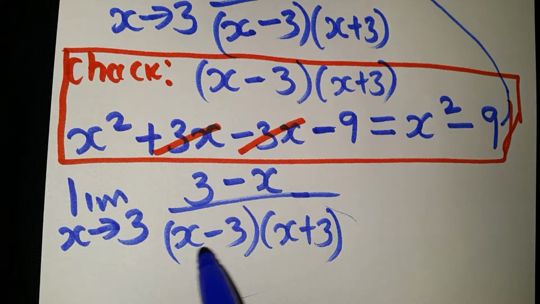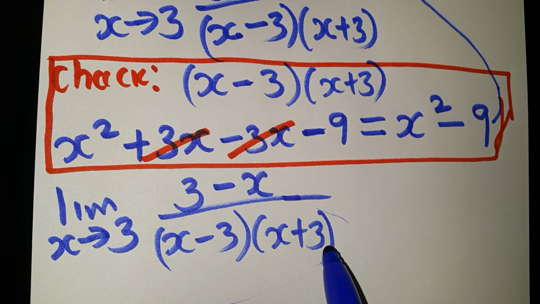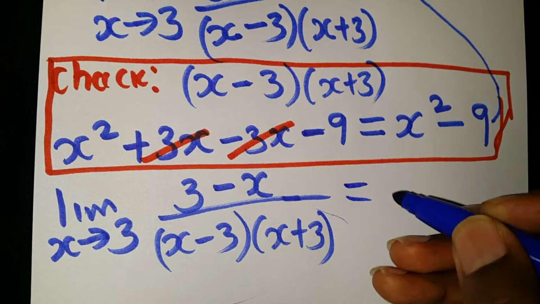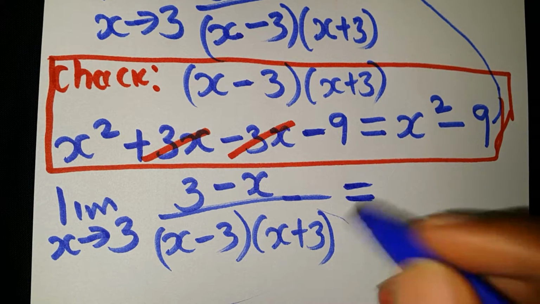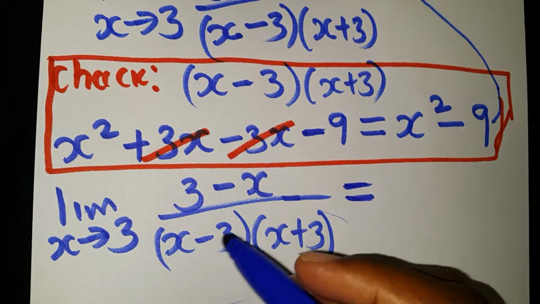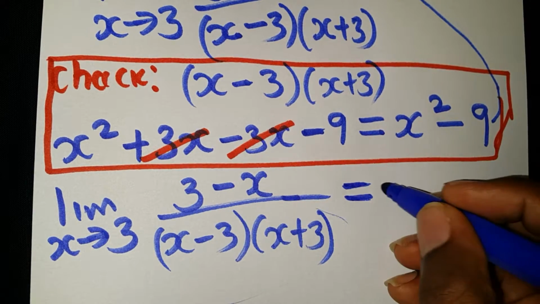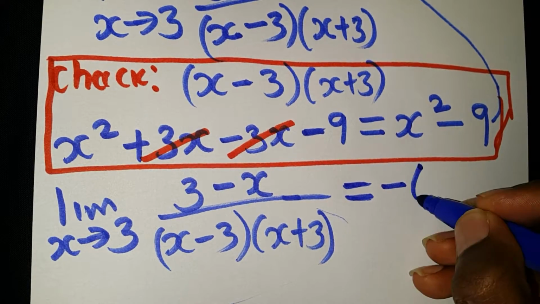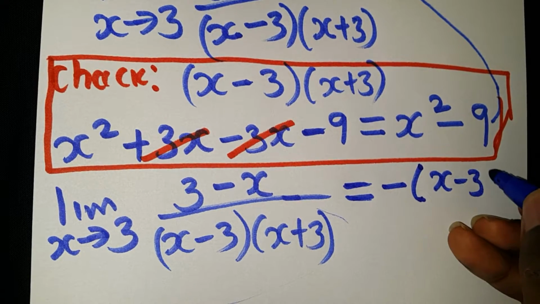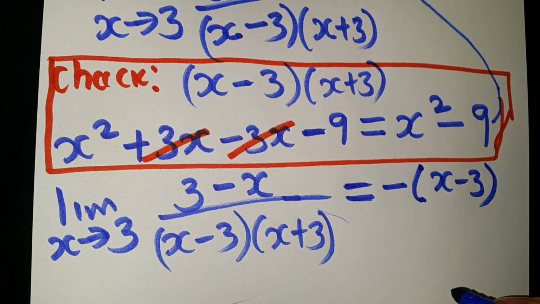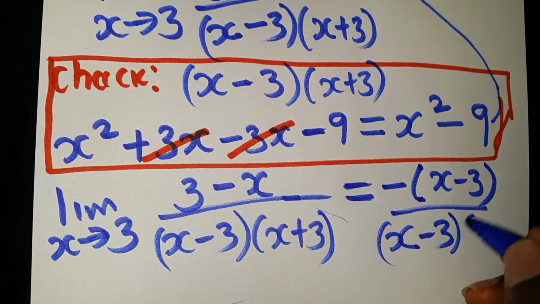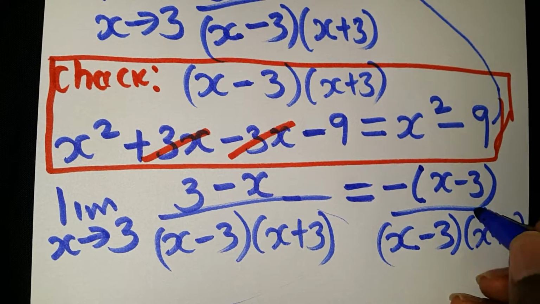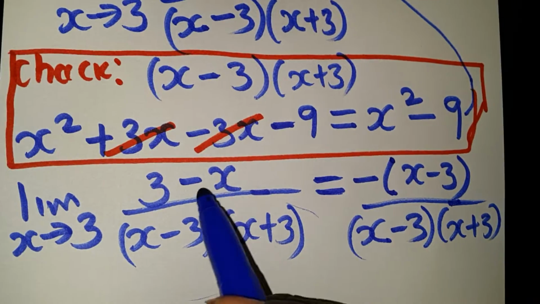We have 3 minus x over (x minus 3)(x plus 3). Now I can continue solving this by flipping this x. If you flip this x to the other side, we have minus (x minus 3) divided by (x minus 3)(x plus 3). I flipped this x here.